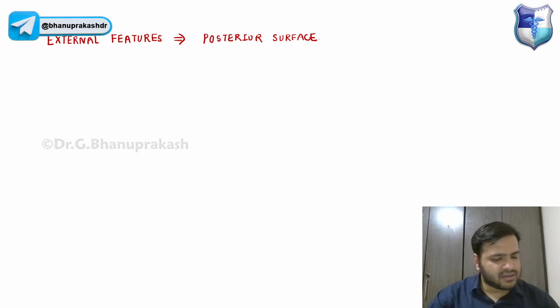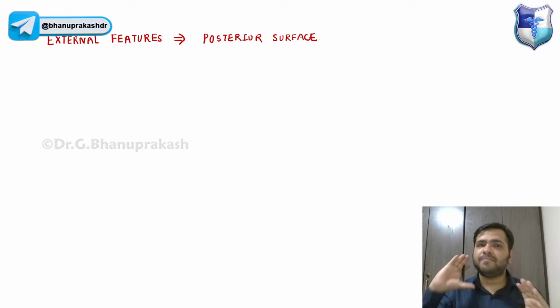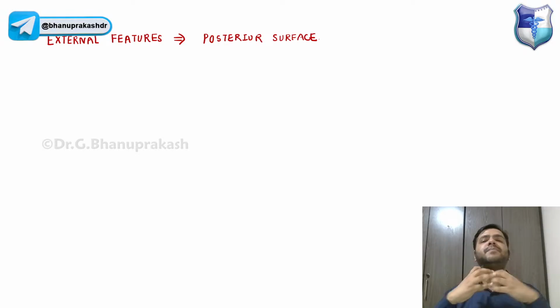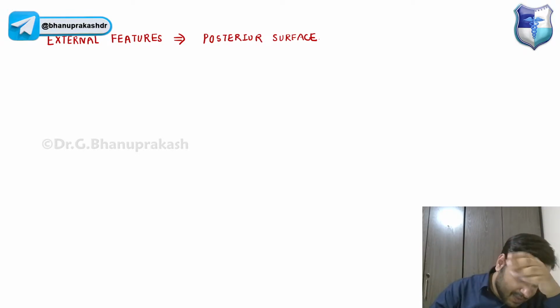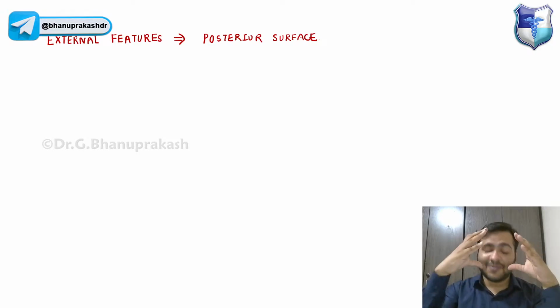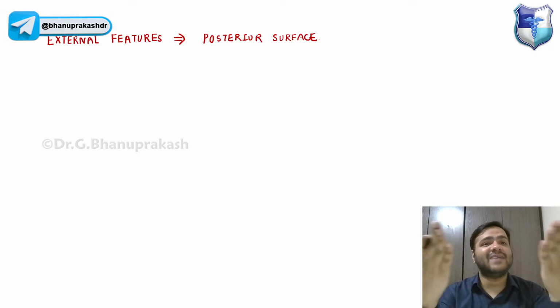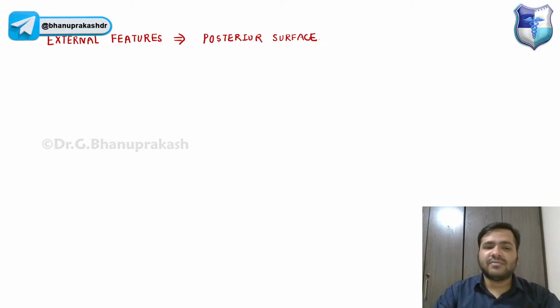Now we will try to see the posterior surface, guys. अब पीछे से देख रहे हैं, आगे से तो देख लिया हमने midbrain को, अब पीछे से देखेंगे, ठीक है? So anteriorly देख लिया है, now we'll try to see it from the posterior side, okay?